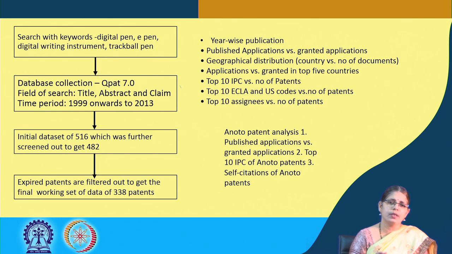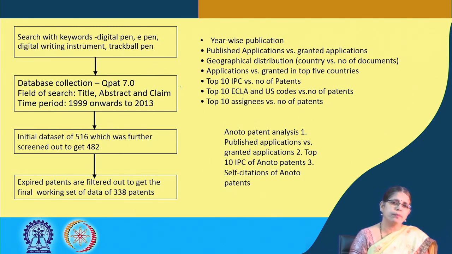So, if one is looking at plotting the developments in relation to digital pen, the start period of search would be from 1999 to current. So, this data has been done between the period of 1999 to 2013.